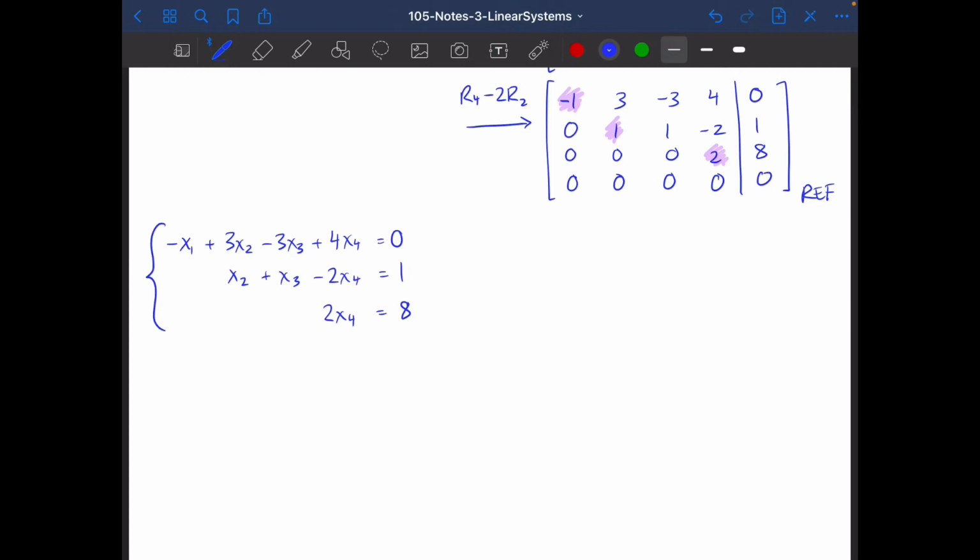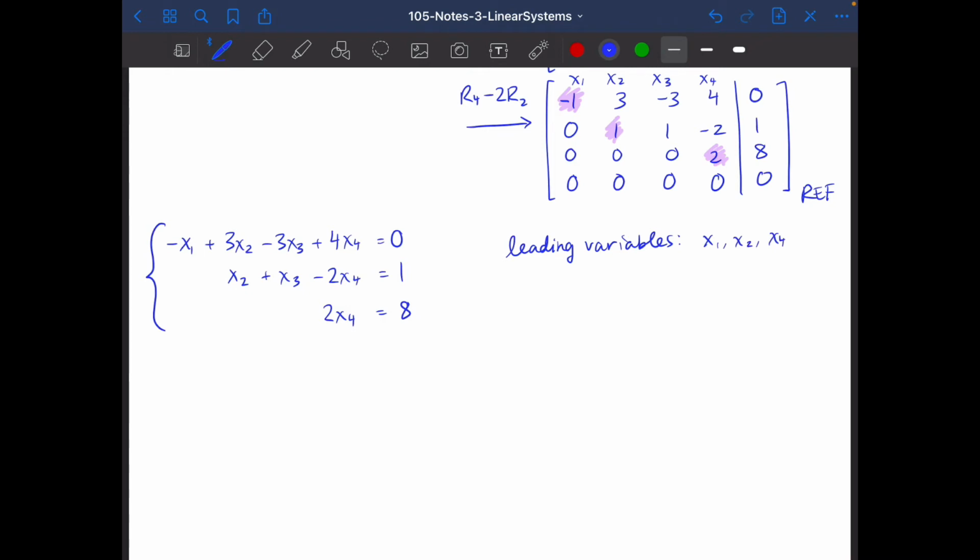Next, I will identify the leading variables and the free variables. The leading variables are the variables whose corresponding columns contain a leading entry. And so there are three of those, x1, x2, and x4.